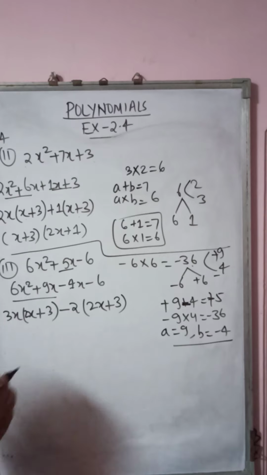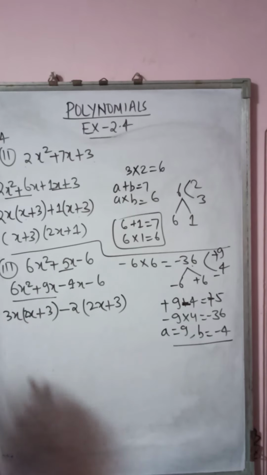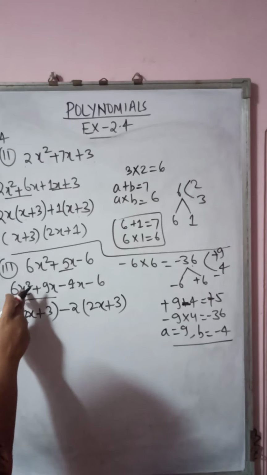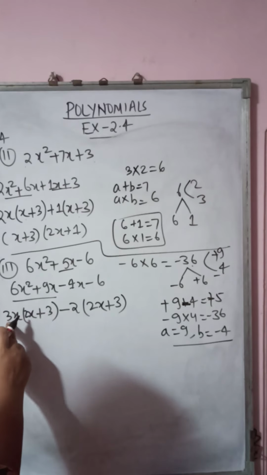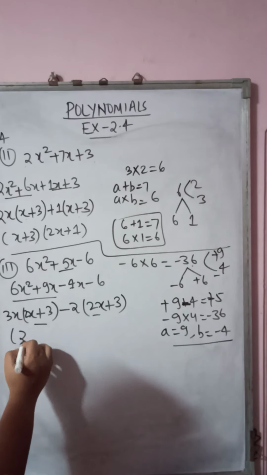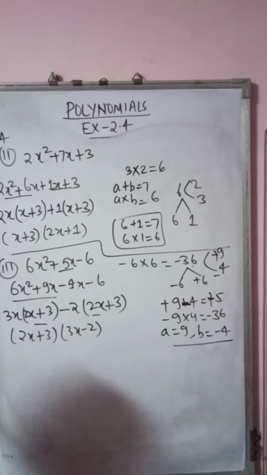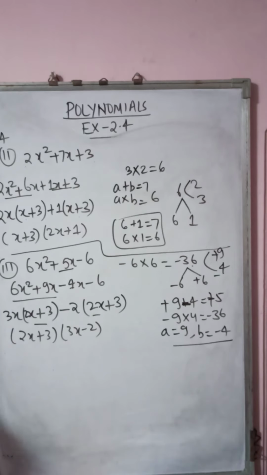Okay, so see how I found that this was a mistake, because terms in both the brackets should be same. So 3 2s are 6, x into x, x square, 3 3s are 9, x. Now these two are similar, so put it in one bracket, and 3x minus 2, put it in another bracket. So this third question is done.